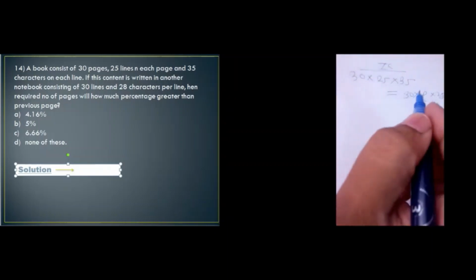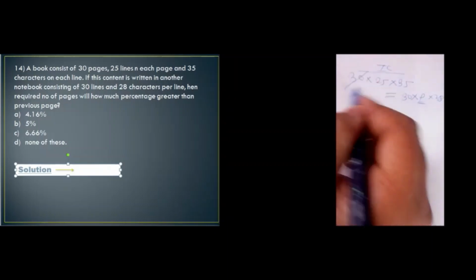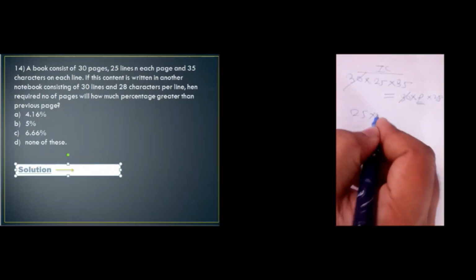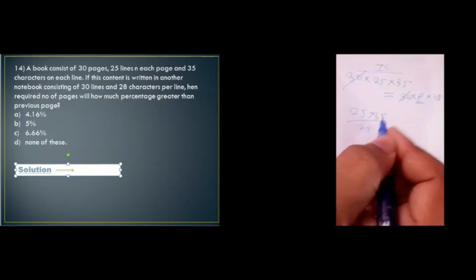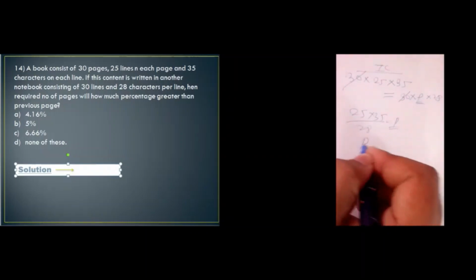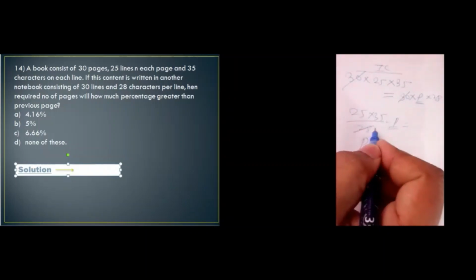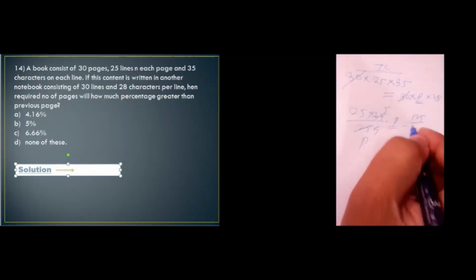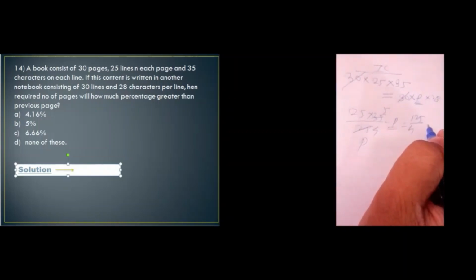So we first have to calculate the number of pages. This 30 will get cancelled, so we will get 25 into 35 divided by 28. That is the value of p. 7 fours are 28, 7 fives are 35, so it will be 125 by 4. So 125 by 4 comes to 31.25 pages.